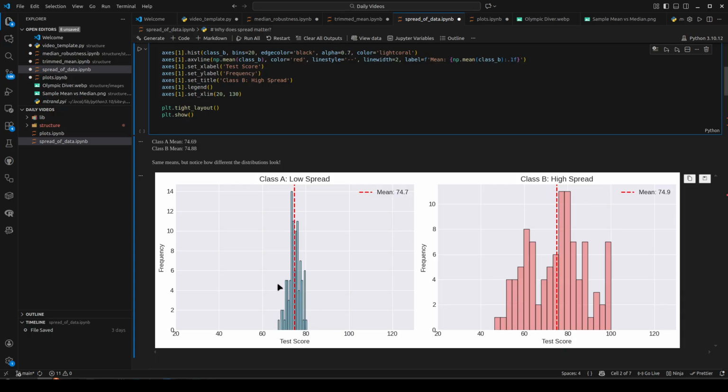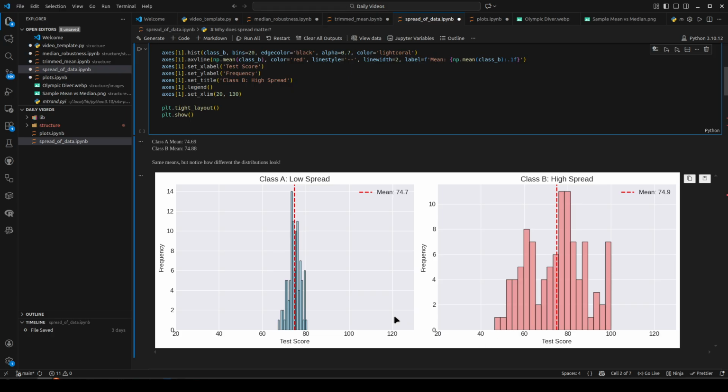Now, with this visual representation, it's easy to see what that spread means. Here we have values that range from 70% up till around 80%, all tightly clustered around our mean. Now, for class B, we have the opposite. We have the same mean, but the data is very far apart, right?